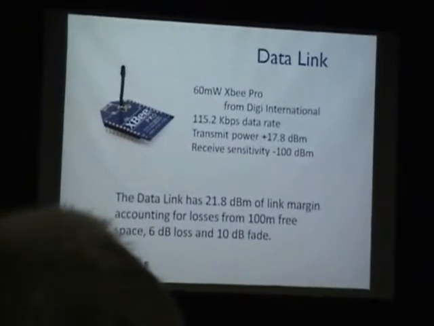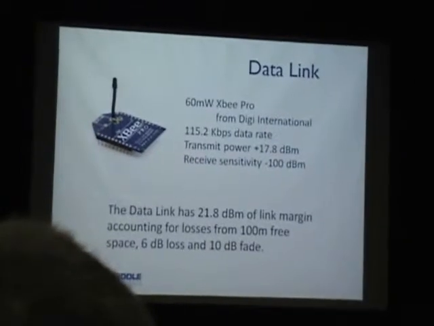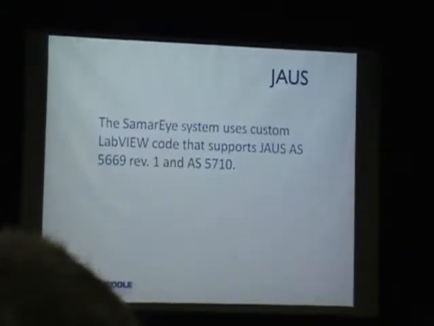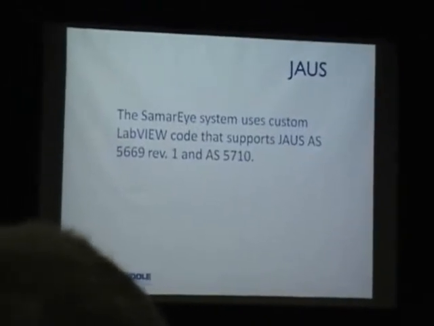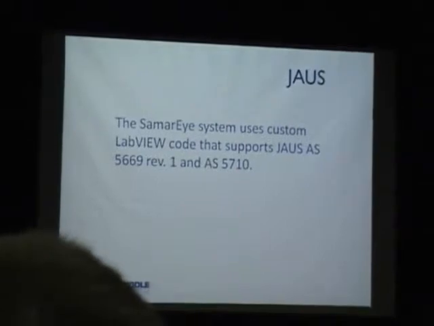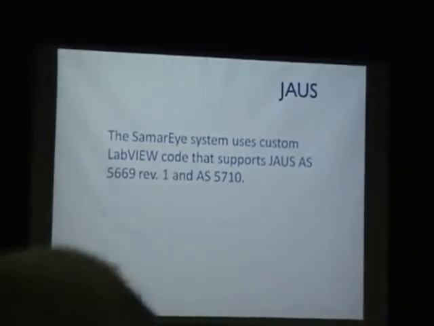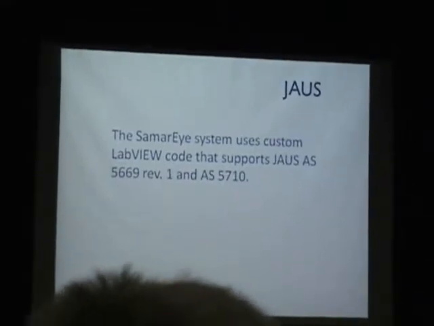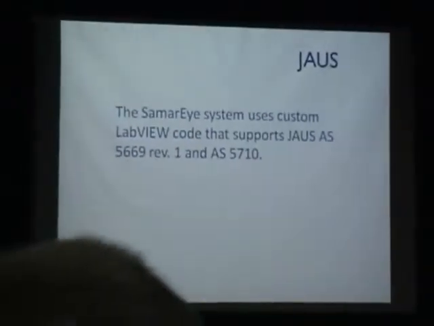And we found them in practice to be a very reliable link out to hundreds of meters. Also on the mothership side, we do all our JAUS integration on that end. We have custom LabVIEW code that provides the data link out to the OCU or out to the COP, and follows the current AS4 committee version of the protocol.